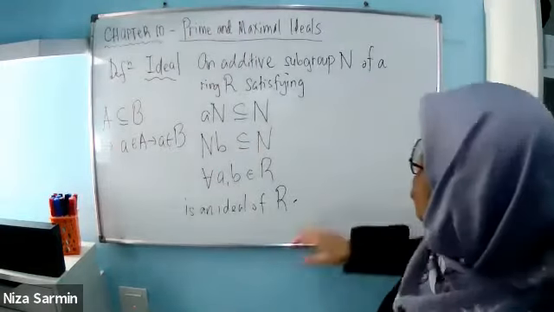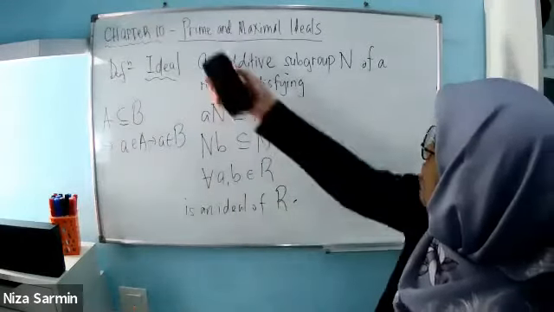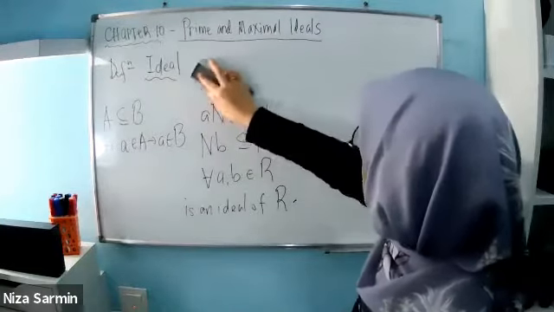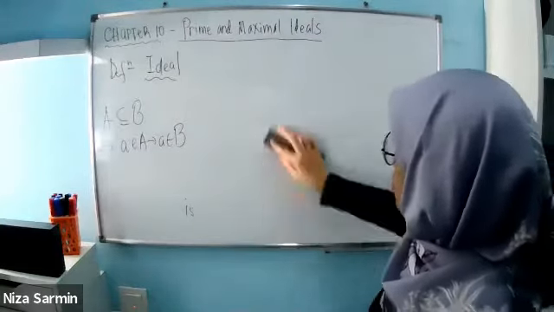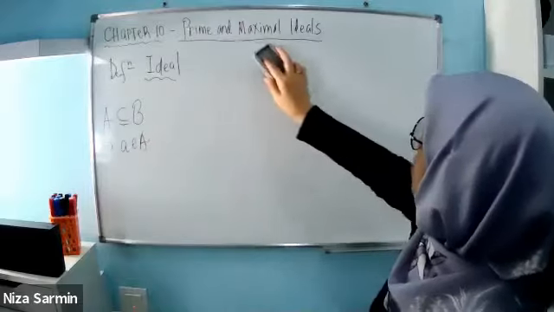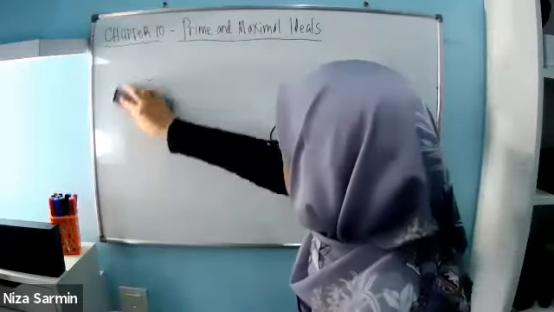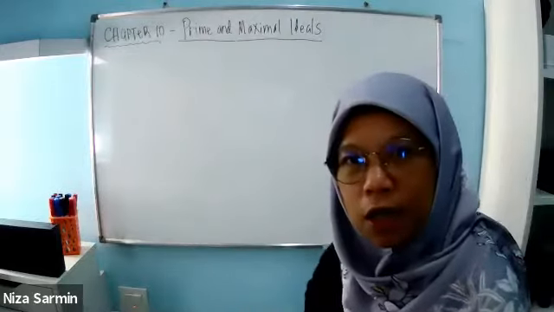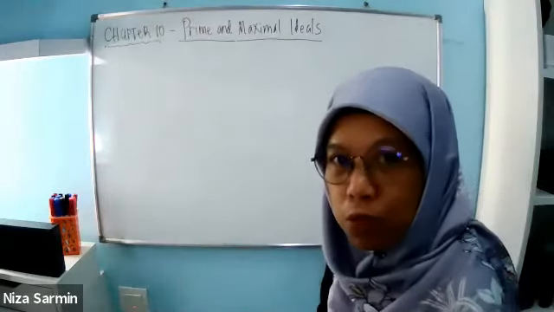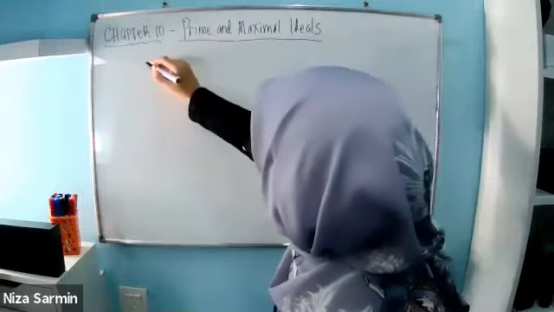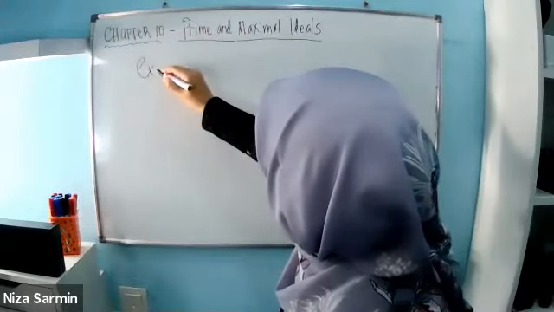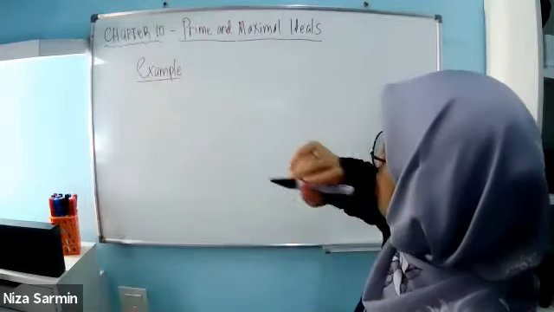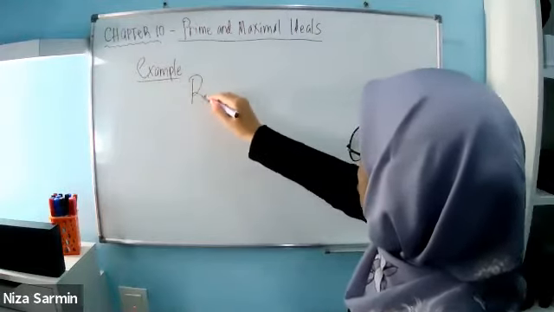Okay, so for this chapter, instead of just ideals, we have to find prime and maximal ideals. So just now I put a subgroup, right? So, an example, before we go to the rest, suppose the ring R is this.